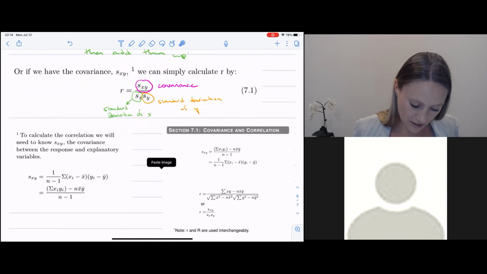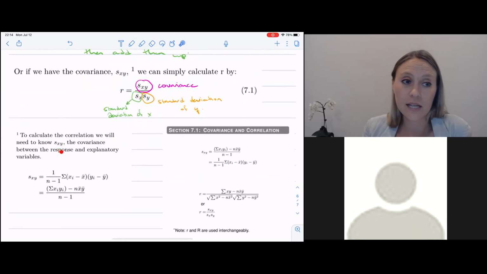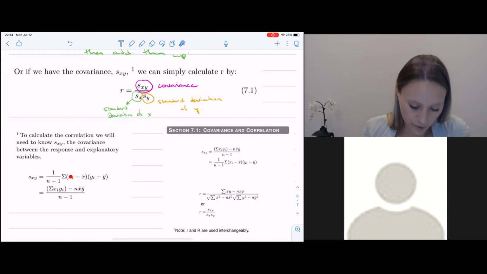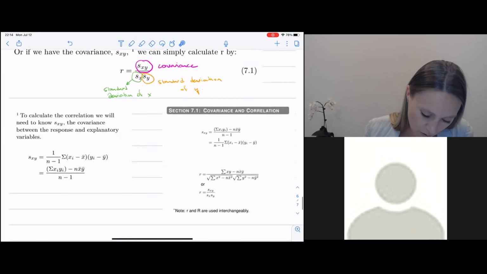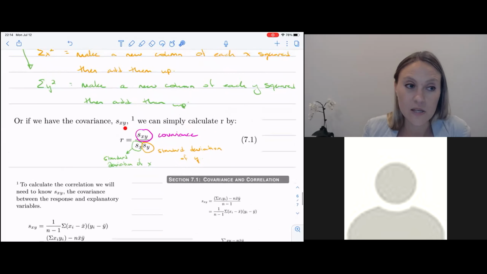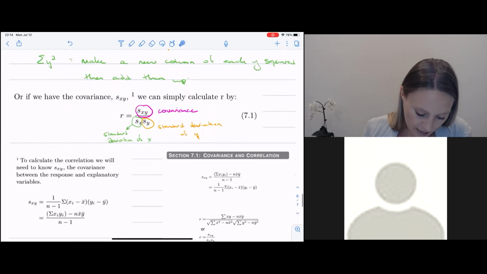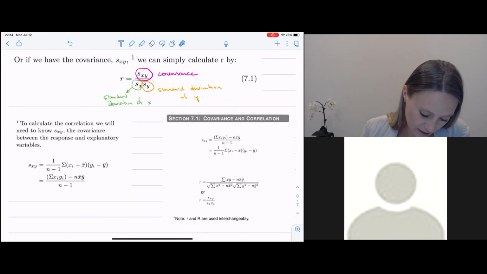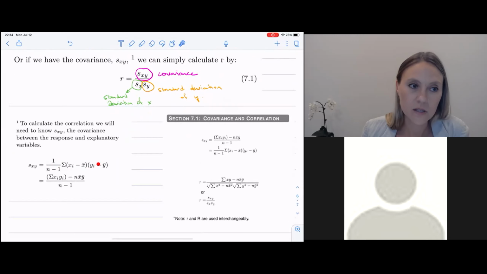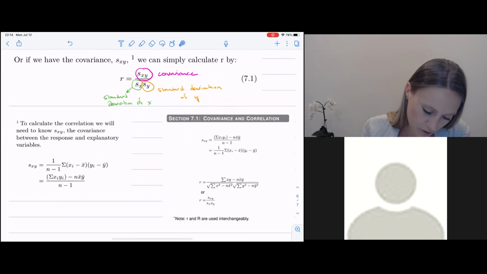So if you need to calculate the covariance, right, then there are two options in terms of formulas that you could use. Sometimes it'll be given to you, that's the easiest scenario, and then sometimes you'll have to calculate it. You could use the first option. I actually prefer the second option.